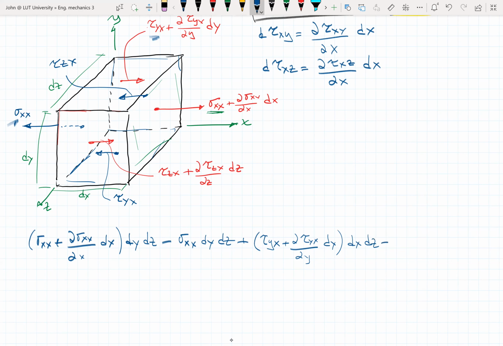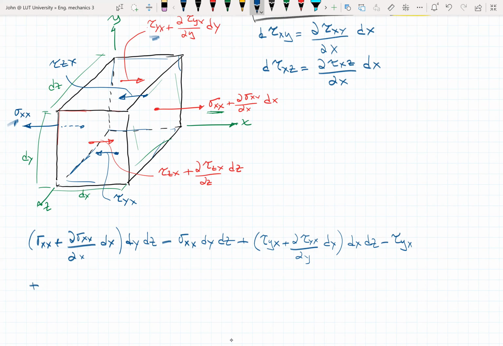Minus its opposite, this one. Another one, the last one, I'm going to write down here.